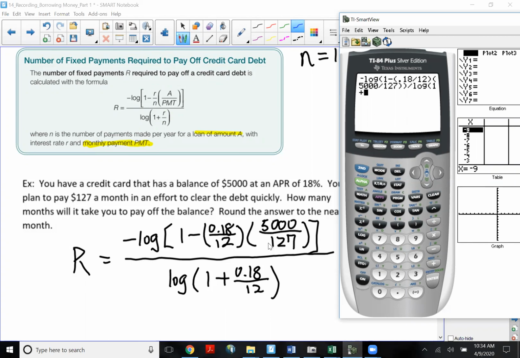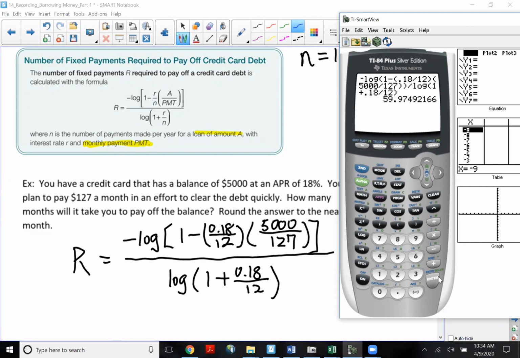Earlier, I put one up there because I had multiplication of 2 fractions. Here I can simply say 1 plus 0.18 divided by 12 and close the parenthesis. What the calculator will do for the bottom is divide first and then add 1 and take a logarithm of the entire answer that's inside the parenthesis.